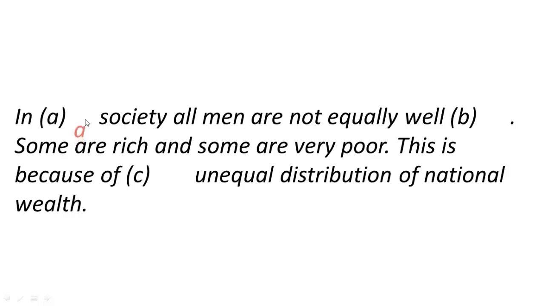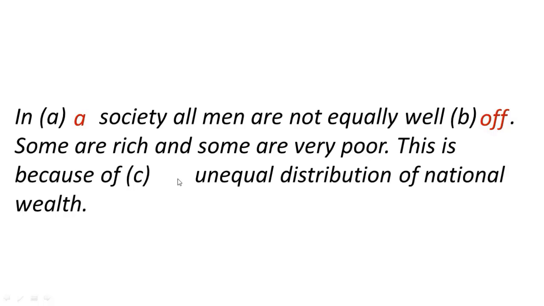In a society, all men are not equally well off. We can use here off because well off is an appropriate preposition. Some are rich and some are very poor.